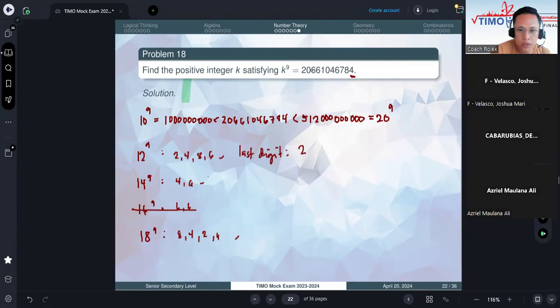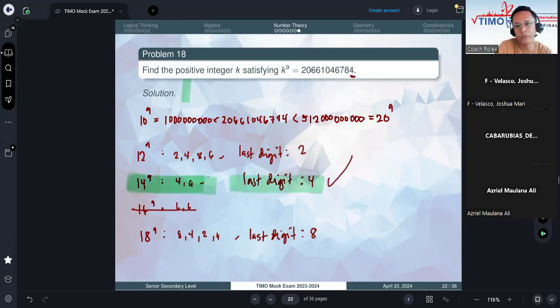Here the last digit is 8. Here the last digit is 4. So basically, this is what we are looking for. So 14. Our k is equal to 14.